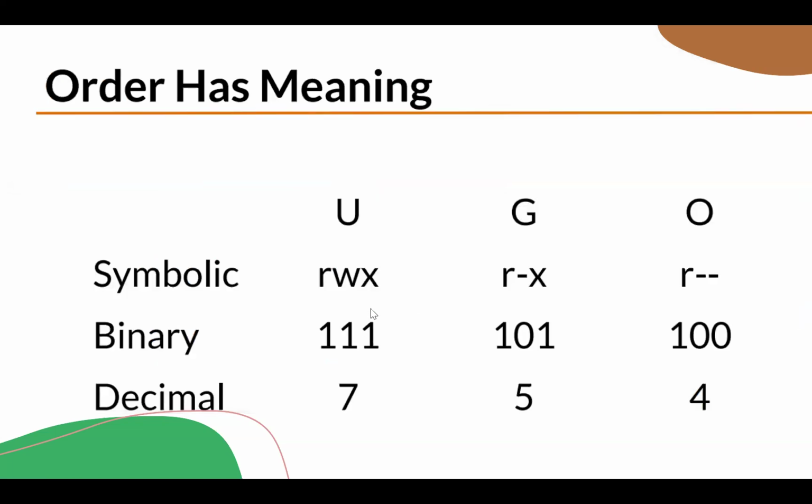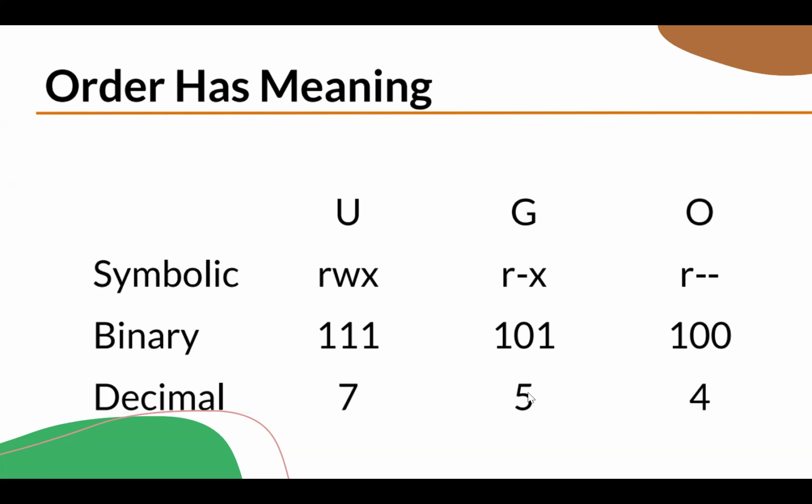For the user categories, for example, for user we have mentioned read, write, execute. Previously, I have mentioned some values, right? Read means 4, write means 2, and execute means 1. So by summing up all these values, we get the user value. If they mention user permission as 7, it means the user has all the permissions: read, write, and execute.